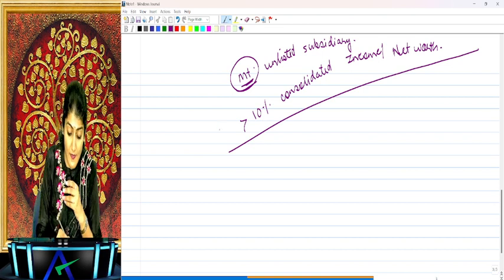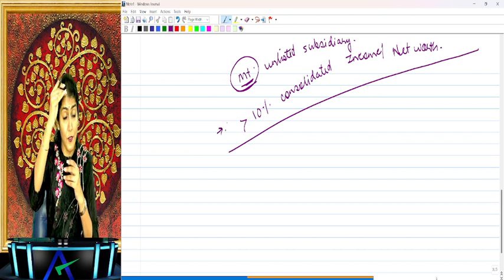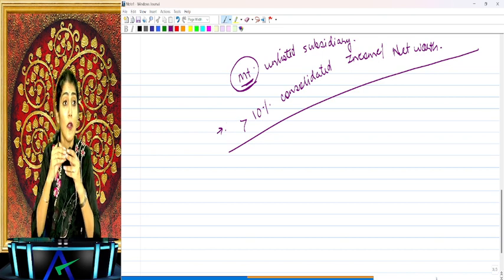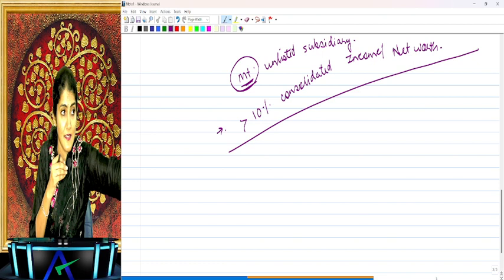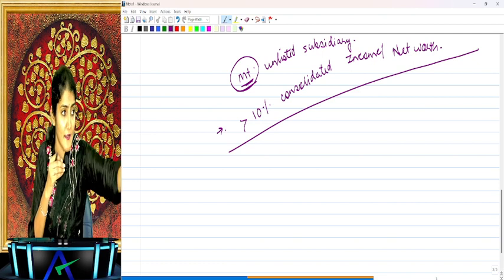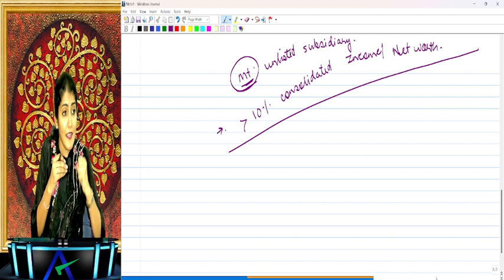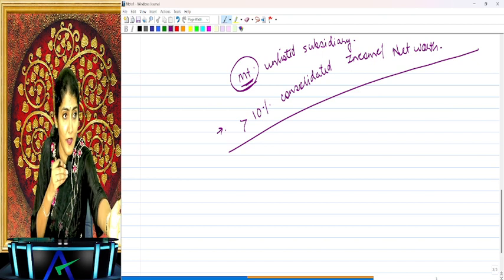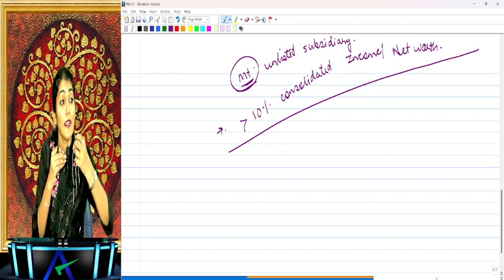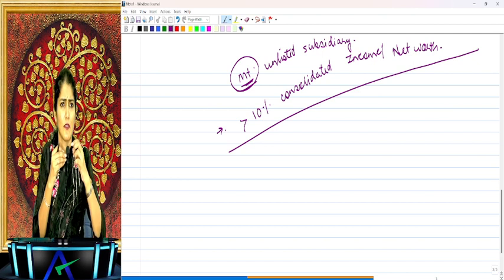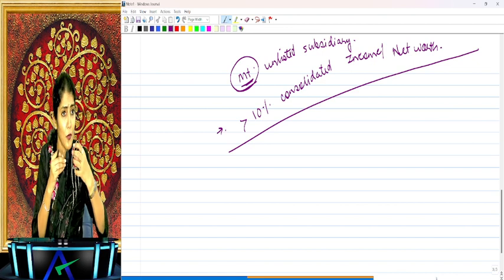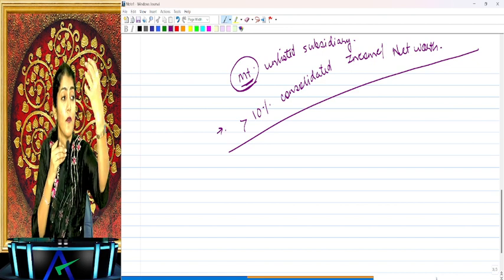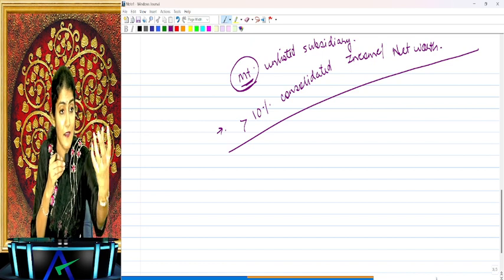This is the general rule. Now listen to me very carefully. This is the listed entity, and these are the material unlisted subsidiaries. Should the listed entity have some control over these subsidiary companies? Yes. So what is one control which the listed entity should have over its material subsidiary company?